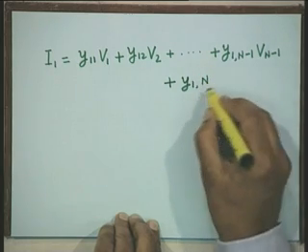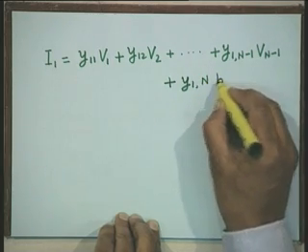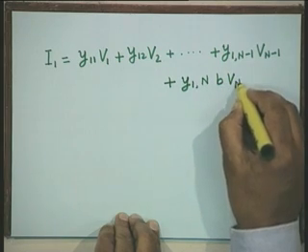The voltage V n is now replaced by B times V n minus 1.